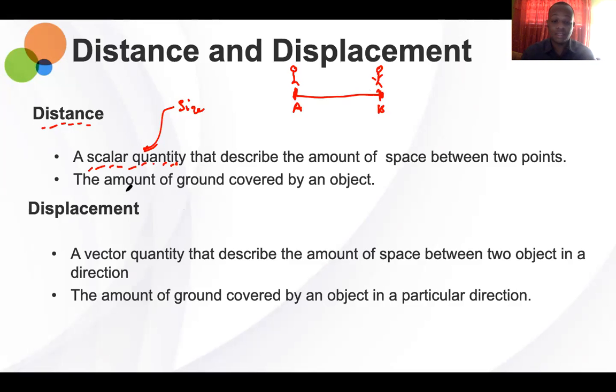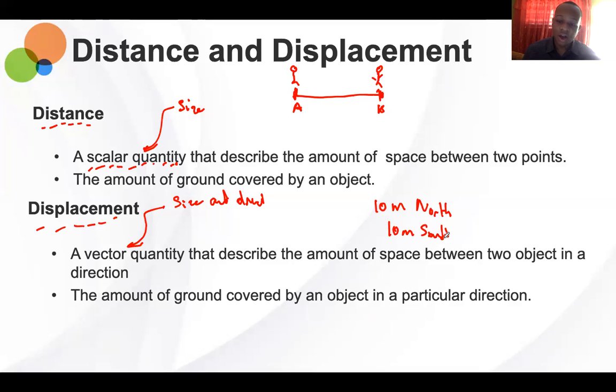So it's only size. While displacement, on the other hand, is a vector quantity, and this means that it focuses on size and direction. So it's the amount of space between two objects in a direction. If you ask what's the displacement traveled, we say something like he traveled 10 meters north, or he traveled 10 meters south.